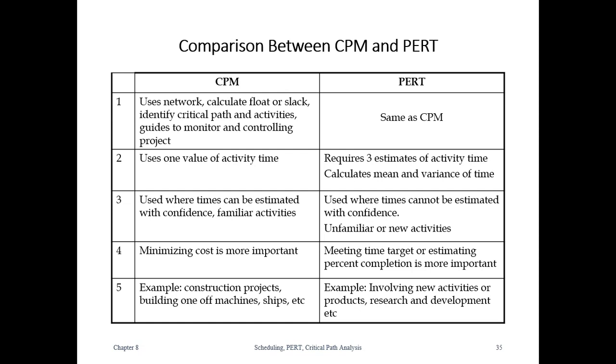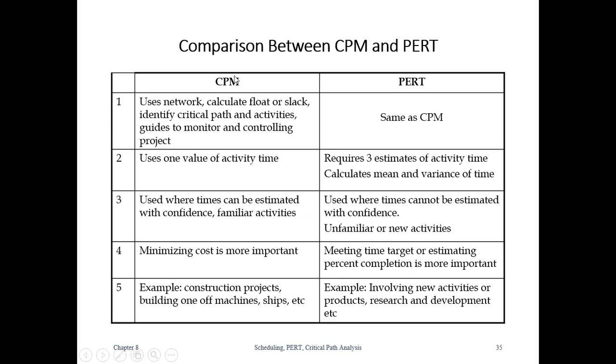Based on the three estimates, we calculate the expectation, or the mean value of time, as well as the variance. So CPM is based on a single time estimate, whereas in PERT the activity time is calculated based on the three time estimates, and from that we calculate the mean value and variance of the time.